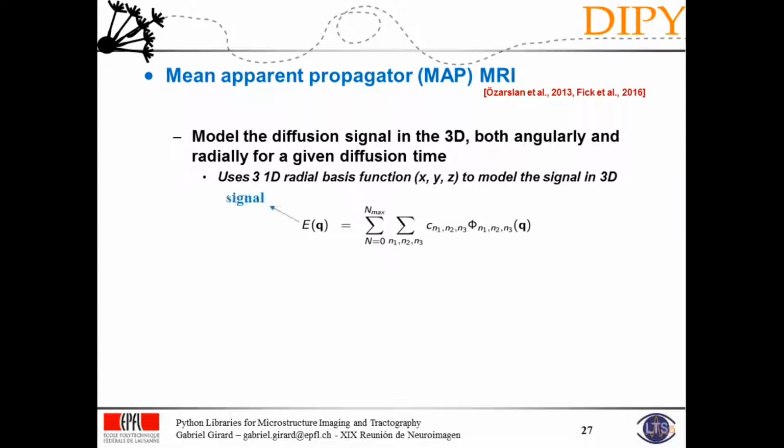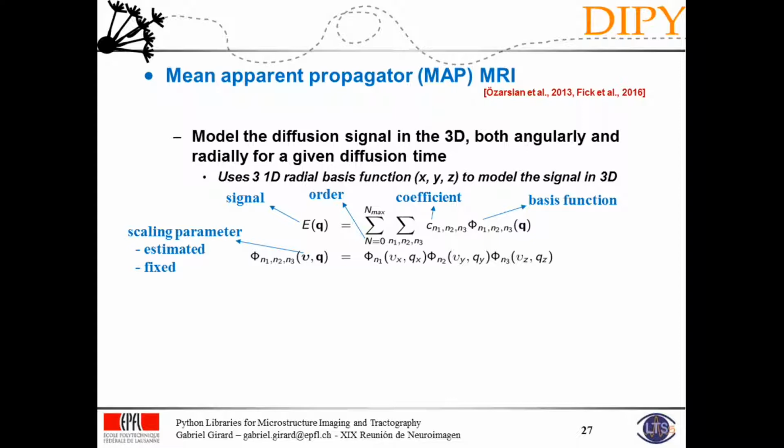So you model the signal in the Q space as a sum of weighted functions. The goal is to find the coefficients of those functions, and you have a set of functions for some fixed order of the basis. Each of these functions is the product of one 1D function in x, y, z.